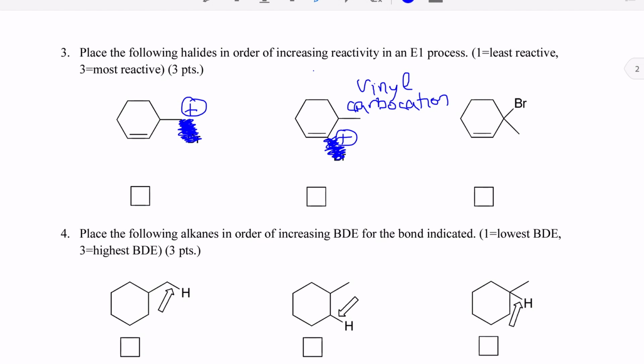For the last one, when we remove the bromine, we are left with a carbon that is attached to 3 other carbons, so that gives us a tertiary carbocation. Let me just note this as well.